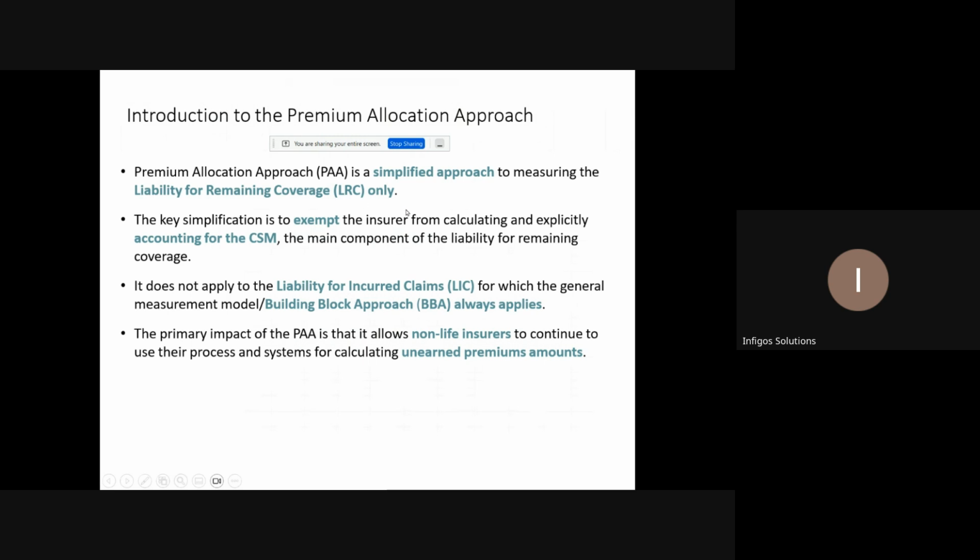This is the kind of simplification which they have done. If you talk about the standard, it's very similar in calculation to IFRS 4, but not exactly IFRS 4, because for LIC you need to follow the same approach, risk adjustment plus cash flow.